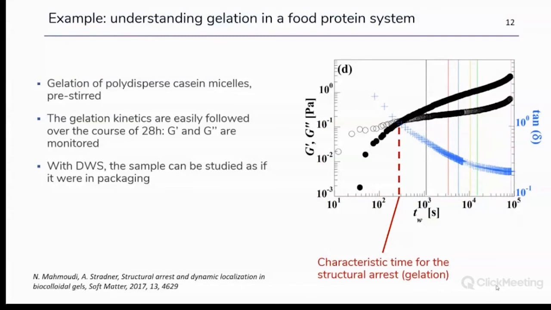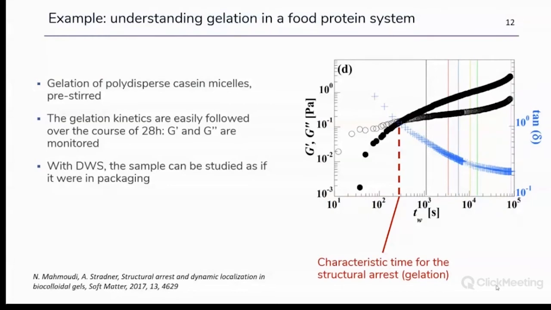The storage modulus starts very weak and then builds up with time to cross over with the loss modulus at a characteristic time of about between 200 and 300 seconds. And this is where we can characterize the typical time for the structural arrest, which means basically when does the gelation start in the system.